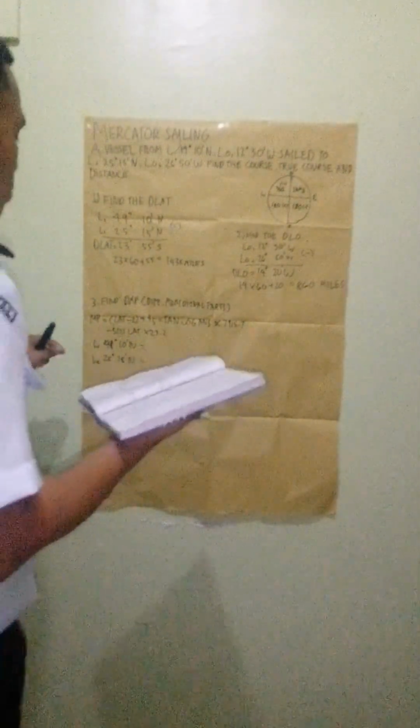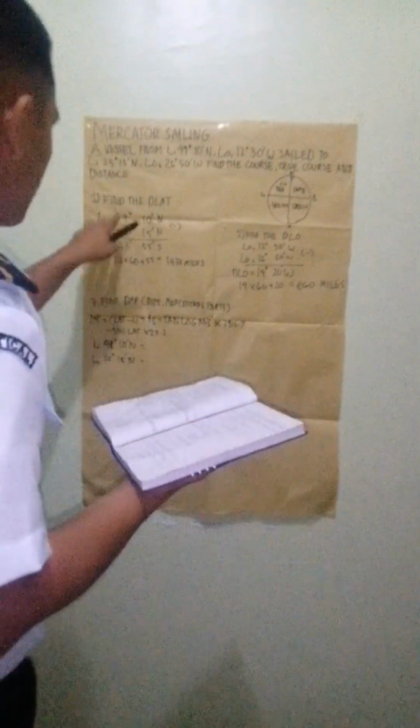We will solve this in calculator using this formula. And there's the 49 degrees and 10 minutes is the latitude. The answer this is 3,379.6. This is the meridional parts, or the MP.